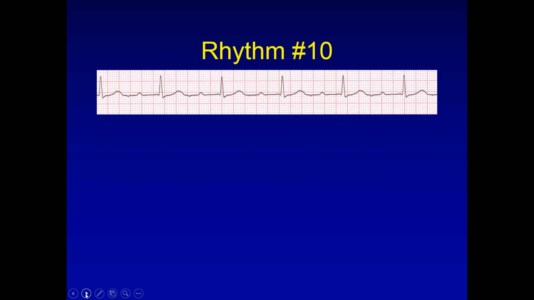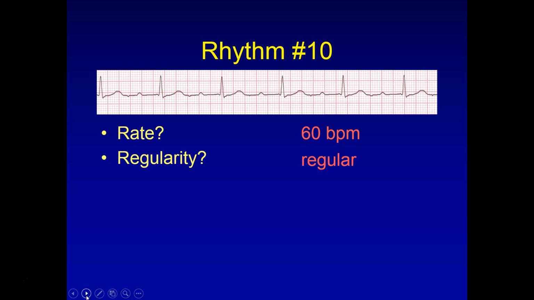Okay, we're going to do our systematic approach. What's my rate? 60 beats a minute. Is it regular? Yes, that's regular. Do I have P waves? I have normal P waves, one P wave for every QRS complex.